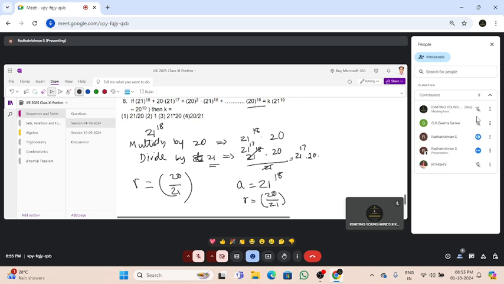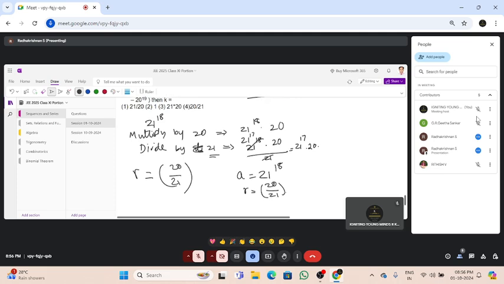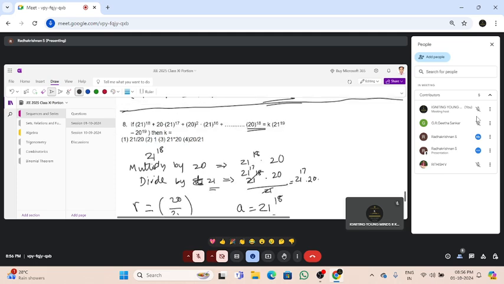So how many terms are there? n equal to what? 21 to the power of 18 goes down to 21 to the power of 0, and 20 goes from 0 to 18.